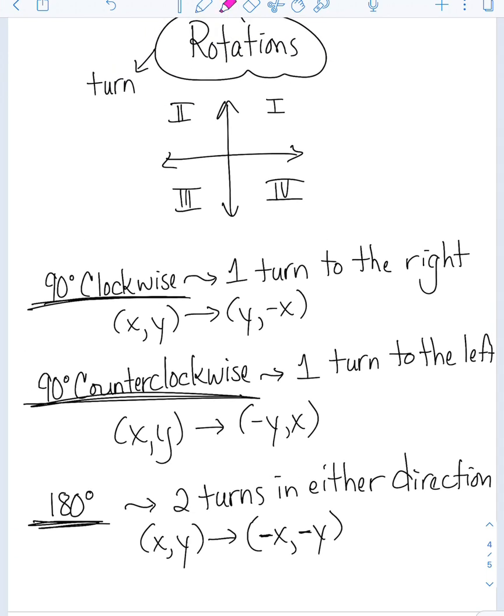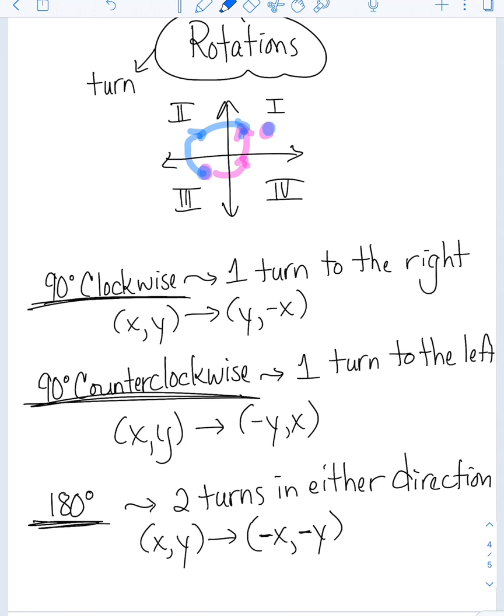So let's say my point started in quadrant 2. If I go 2 turns, I'll go 1, 2 turns, and I would end up in quadrant 1. Watch this. Here's why direction doesn't matter. Let's take the same point and go left 2. Well, guess what?